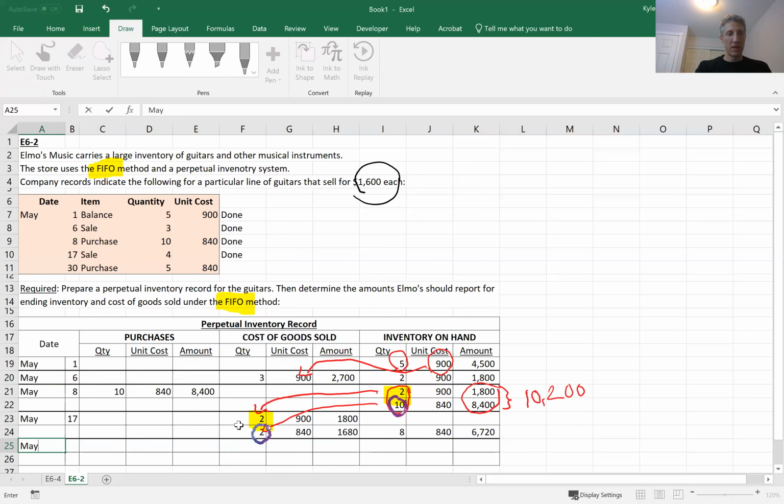Now it's May 30th, and we made a purchase. We bought 5 units at a unit price of 840. The total purchase price of this transaction is $4,200.